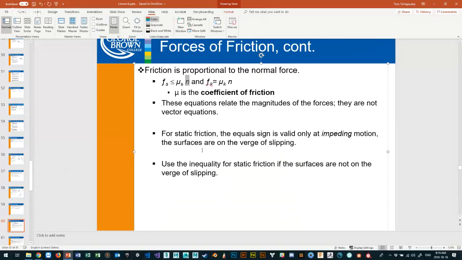Okay, so in other words, the static force of friction is less than or equal to the static coefficient of friction times the normal force, and the kinetic force of friction is equal to the coefficient of kinetic friction times the normal force. And we'll talk about this. So this is an impeding force. It stops things from moving forward.